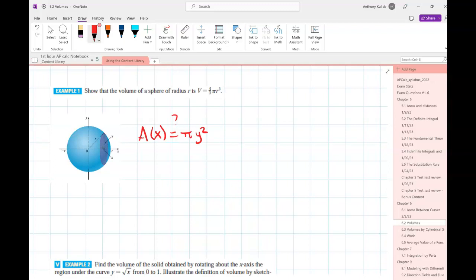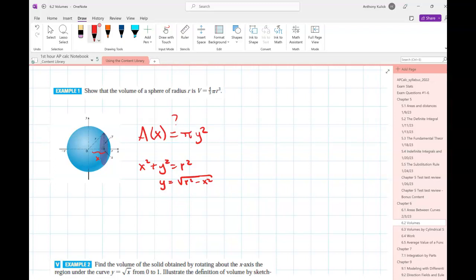So how can I relate y to x using that right triangle? That's the point x, but this whole side has length x, the value x on the x-axis. So we can say y is the square root of r squared minus x squared.